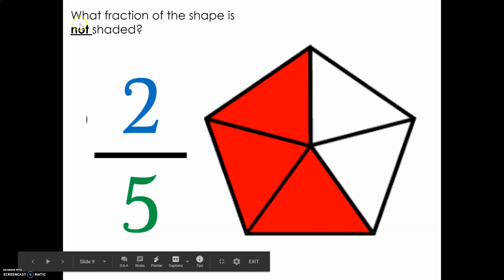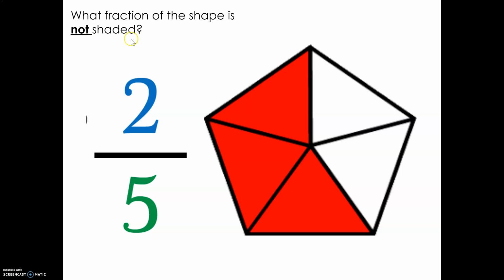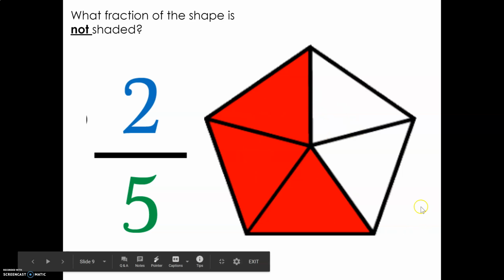You have to read very carefully. What fraction of the shape is not shaded? So you would count the pieces that are not shaded. And we have 1, 2. So the 2 in this fraction represents the pieces that are not shaded. And the 5 represents the total number of equal pieces. Good job.